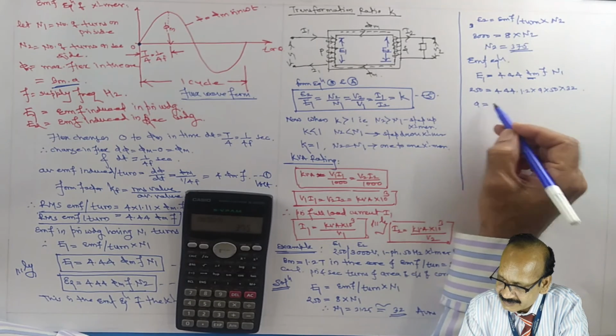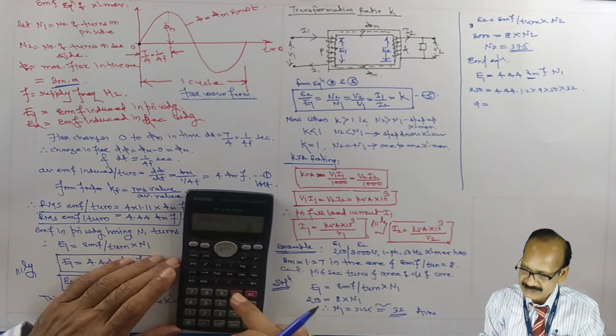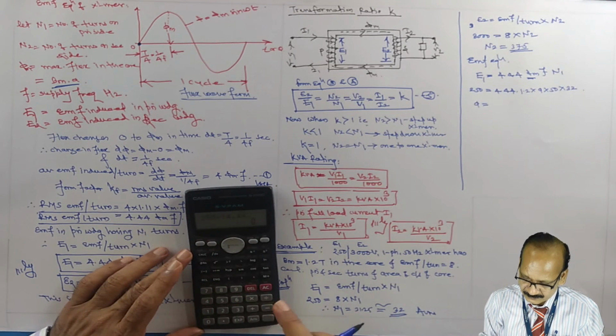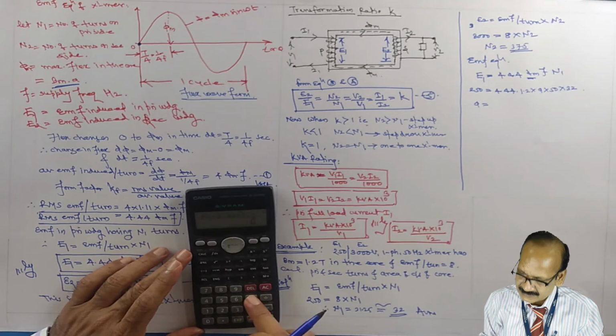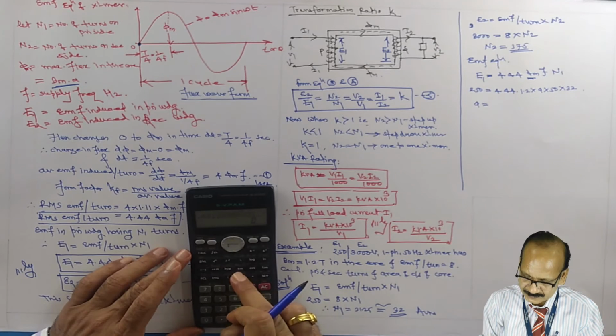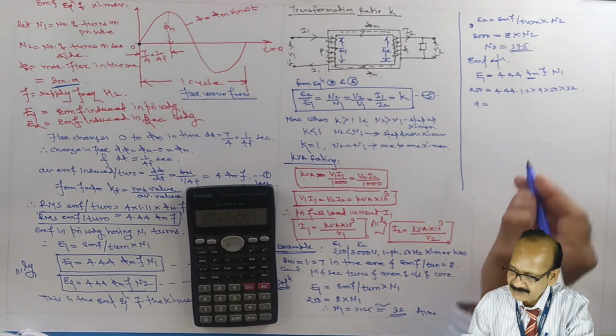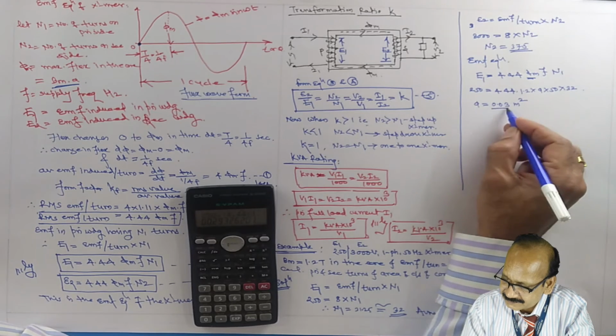And therefore the area of cross section equals 250 divided by (4.44 multiplied by 1.2 multiplied by 50 multiplied by 32), which is 0.03 meter square.